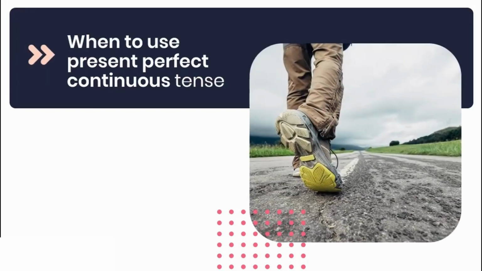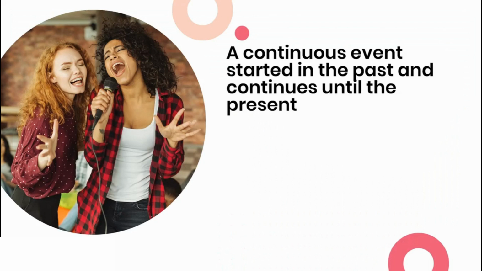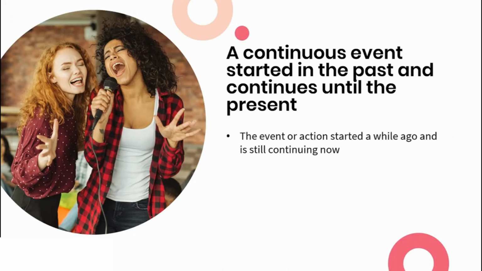You can use present perfect continuous tense to talk about a continuous event that started in the past and continues until the present. Let's expand on this. In other words, the event or action started a while ago and is still continuing now.